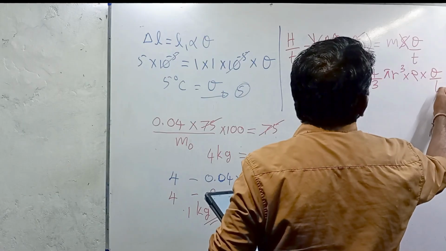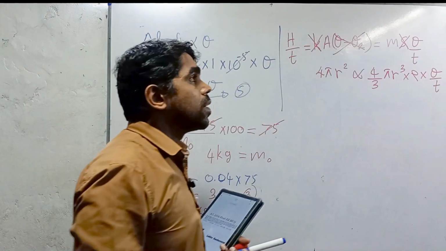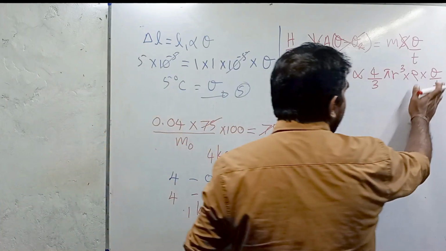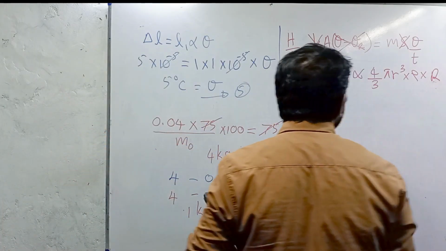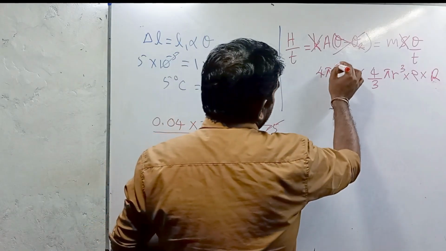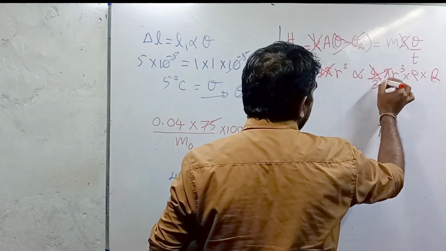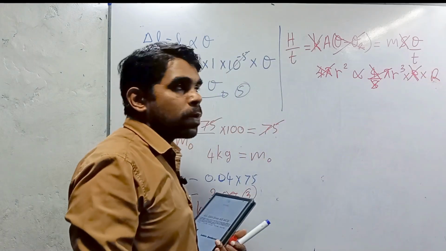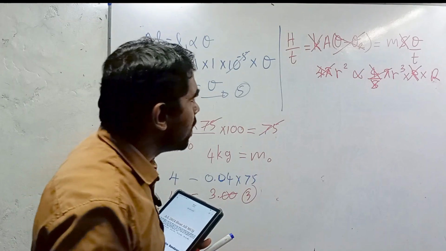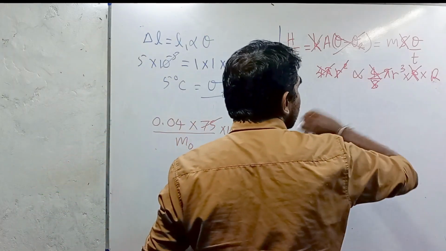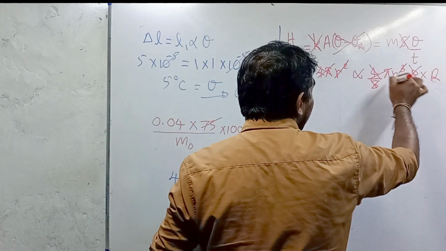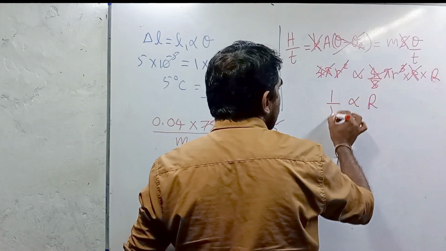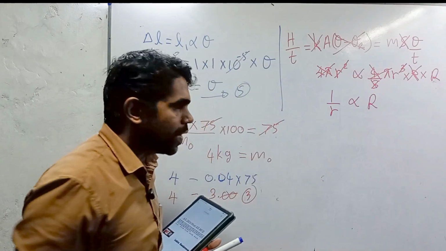Temperature cooling rate, theta over t, it is given as R. Then we can get 4 pi constant, 4 over 3 pi constant, and density is constant for both objects because of the same material. We can cancel out two r terms, then r is remaining. We can obtain capital R inversely proportional to small r. Small r means radius of a sphere.